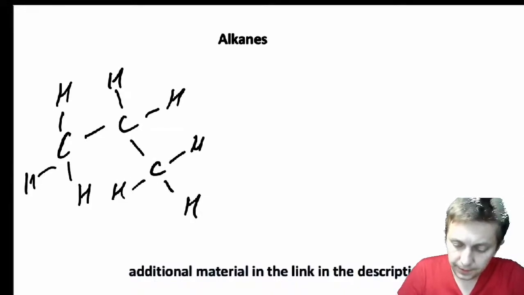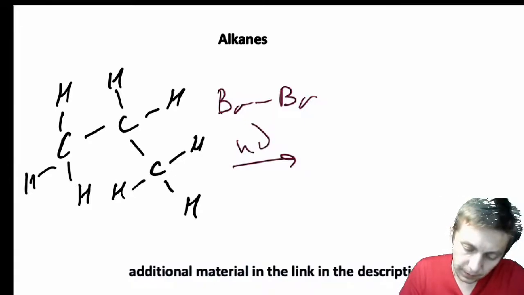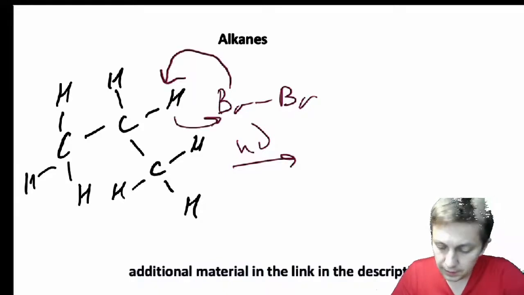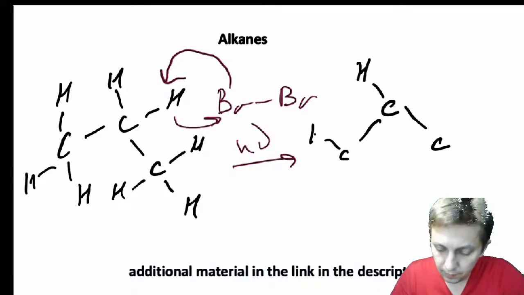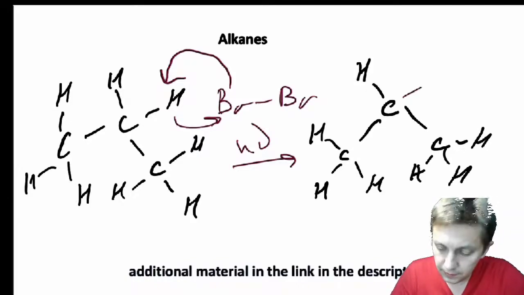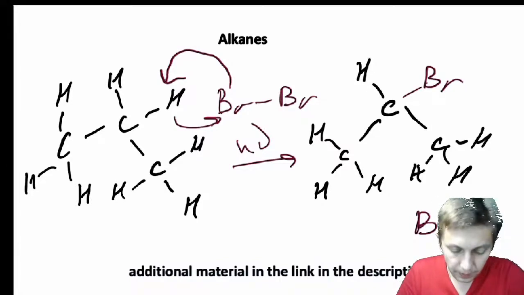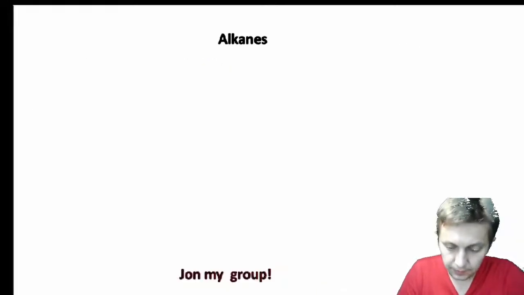In the presence of bromine, under ultraviolet radiation, one of the hydrogens is replaced by one bromine, and it forms bromopropane and HBr. So, alkanes are involved in substitution reactions.